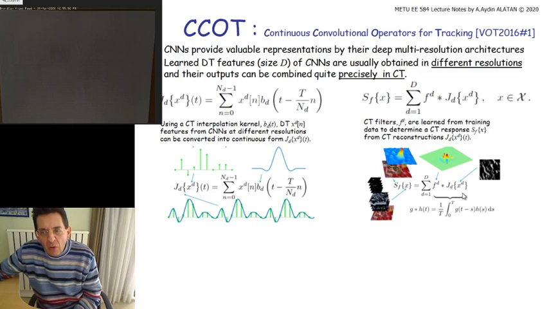Now, please note, I obtain Jd as a combination of these things, but in continuous time. Therefore, this Jd is something continuous here. It's a continuous convolution here.